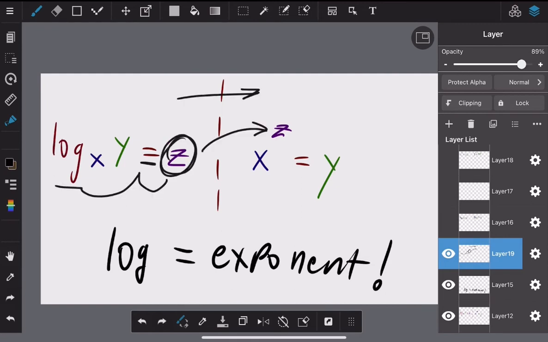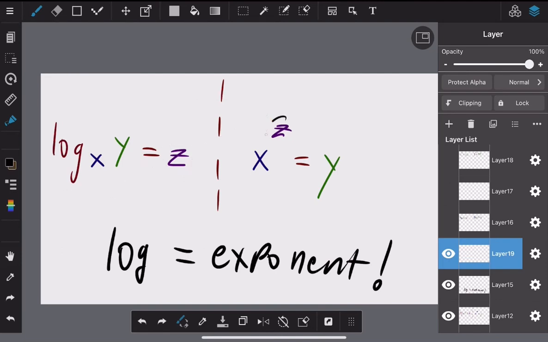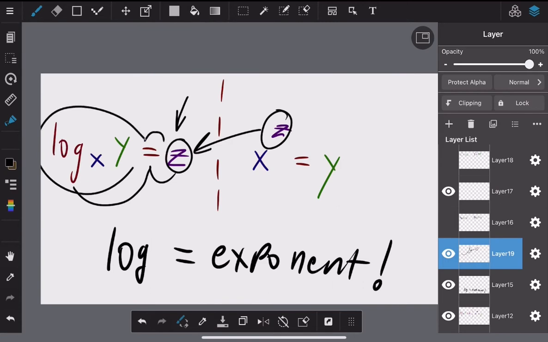Similarly, as the log equals the exponent, we know that the exponent equals the log. So if we're converting from exponential to logarithmic, the exponent will be set equal to the log, and it'll be all by itself on one side of the equation, set equal to the log.